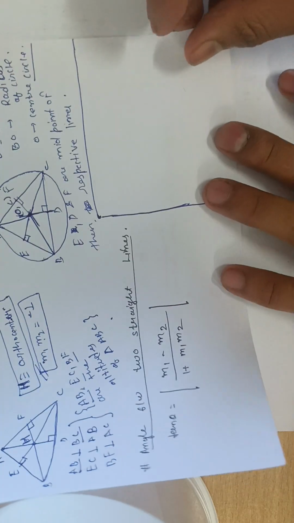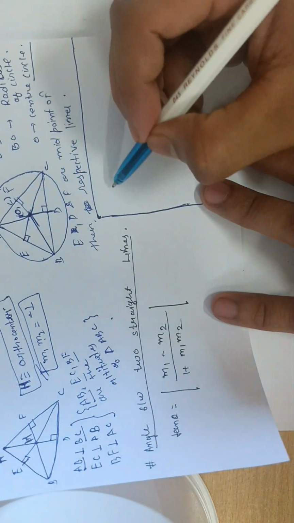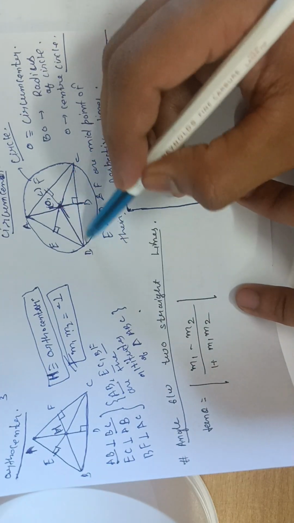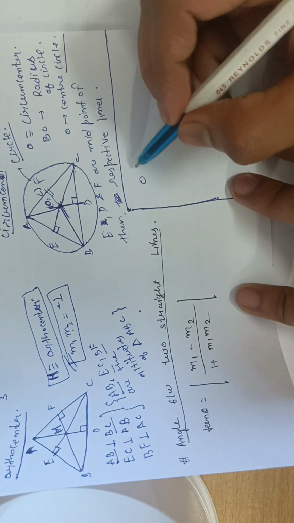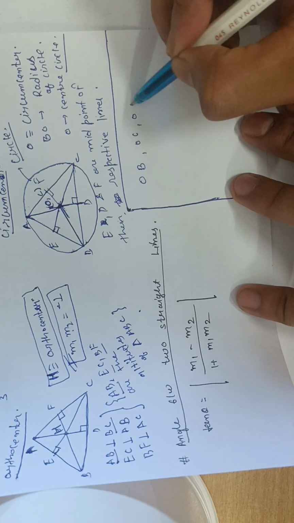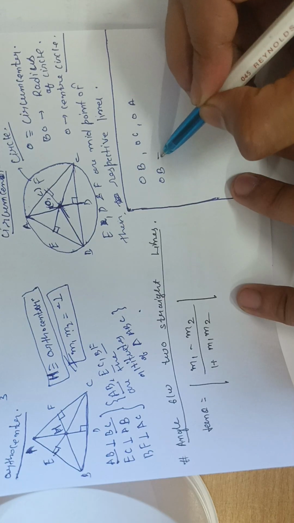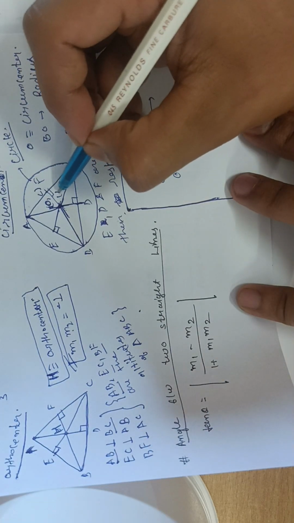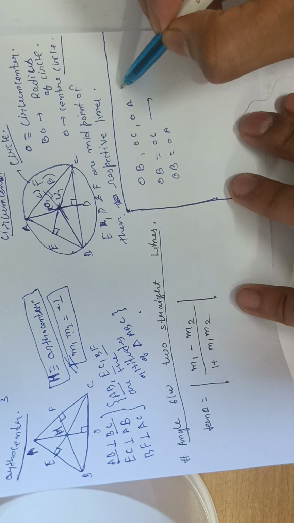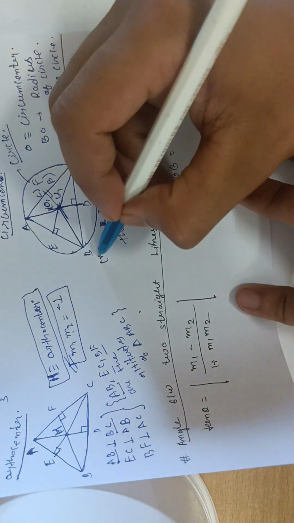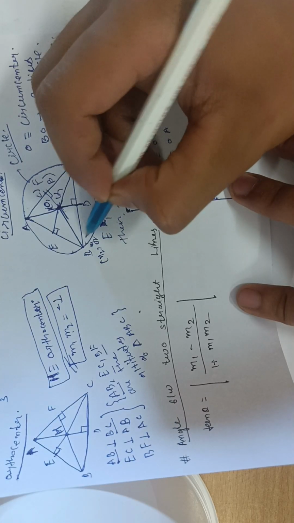Now let us see how to determine the circumcenter. As I said, OA, OB and OC are the radii of this particular circle. So we have to determine the distances OB, OC and OA, and equate them because they are the radii. Suppose this is alpha comma beta, the center of the circle, and this is one of the vertices, x2 comma y2.